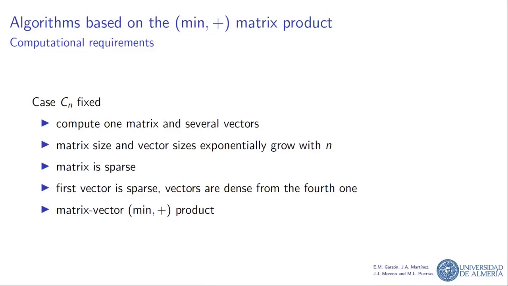Both the matrix and the first vector are sparse, however, the sequence of vectors are dense from the third or the fourth one. We have to compute the min-plus matrix product of a matrix and a vector.